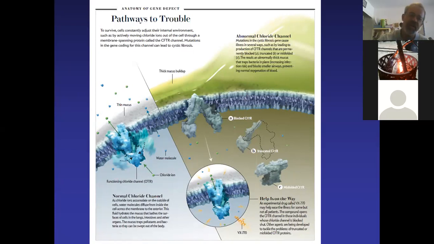It does appear to help restore the function of the chloride channel. But here's the rub. As you know, with pharmaceuticals, it's incredibly expensive. It's sometimes out of people's price range. So hopefully some new laws will come into place that'll help with that.